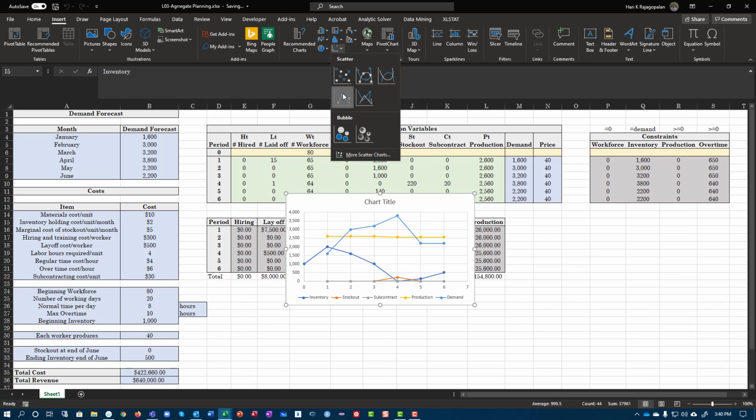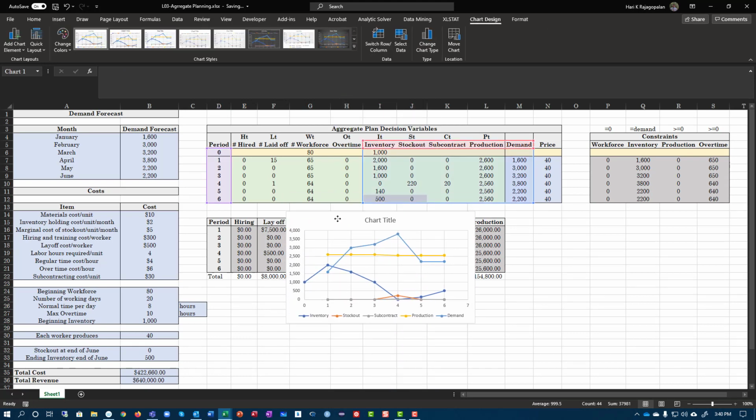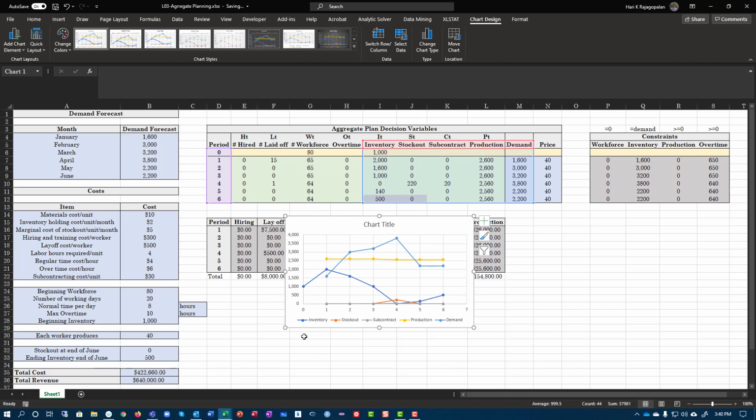Here we go, and you can see here it's a nice clean chart where we look at inventory, stock out, subcontracting, production is flat, demand goes up, then comes down, and we are handling this increase in demand over production by going ahead and using our inventory, and then we kind of go down on inventory and then go up again, and there is a little bit of stock out in period 4.